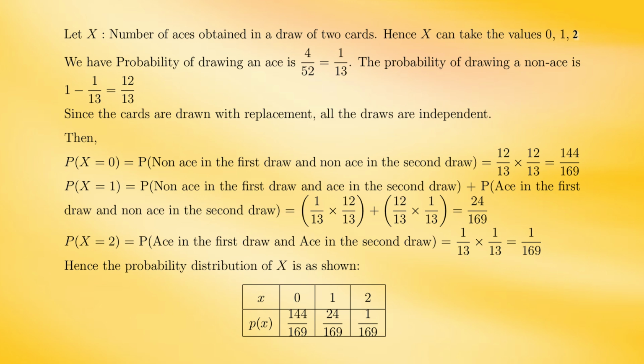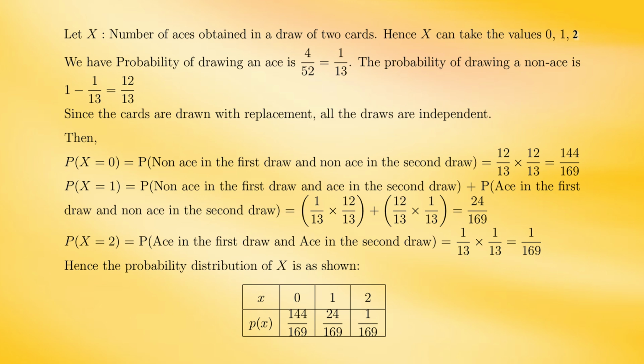We have the probability of drawing an ace, 4 by 52, which is equal to 1 by 13, and the probability of drawing a non-ace is 1 minus 1 by 13, which is equal to 12 by 13. Since the cards are drawn with replacement, all the draws are independent.